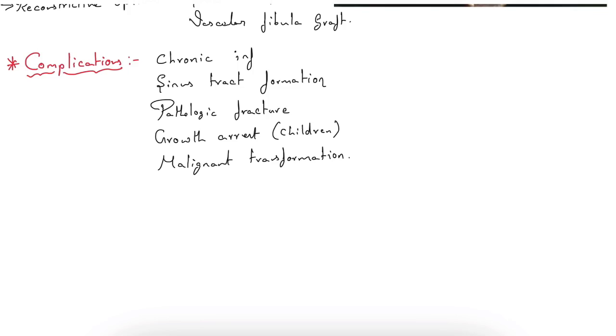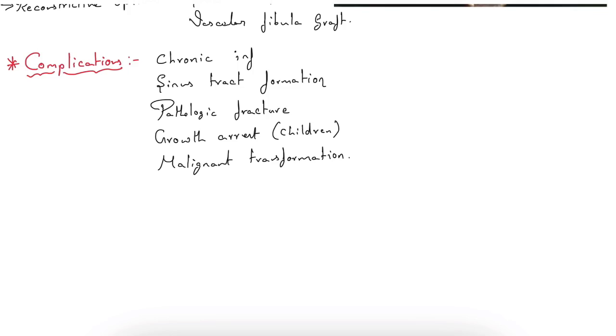In malignant transformation, like Marjolin's ulcers, because of Marjolin's ulcers the patient will get squamous cell carcinoma in a chronic sinus tract. So these are the things we discussed about osteomyelitis.